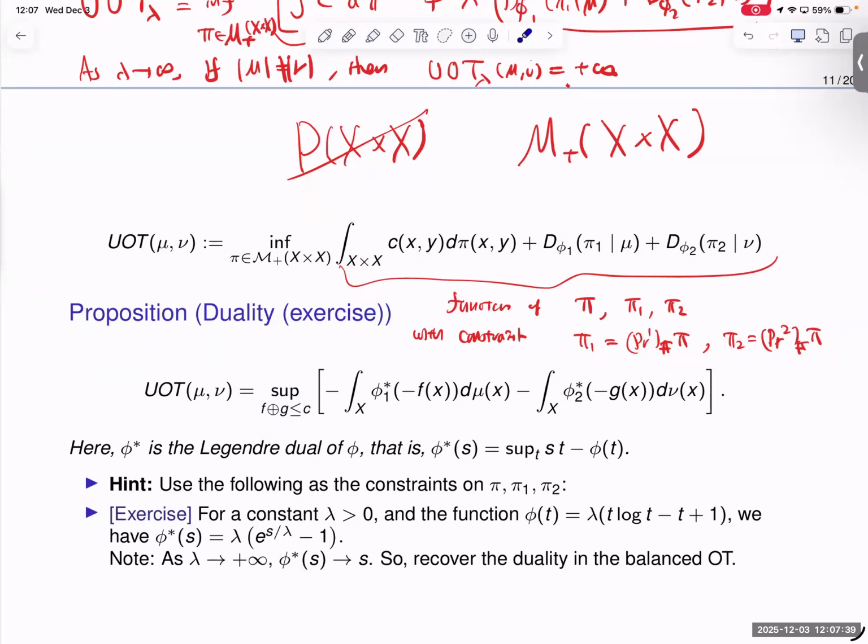So once you treat this as a constraint, it has a corresponding dual decision variable, or Lagrange multiplier, F, this one gives you G, and then you can do similar things to what we have done before when we talked about duality of optimal transport. Do you remember that?